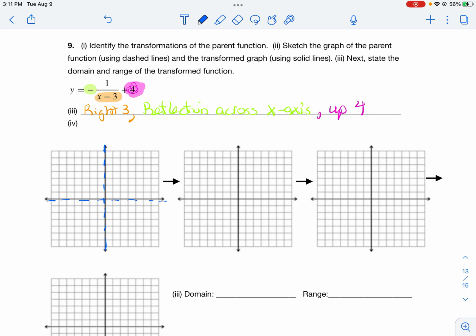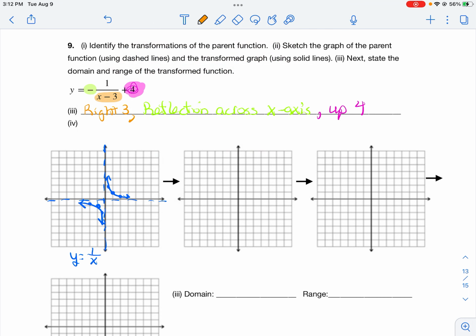From the intersection of asymptotes, we go over 1, up 1, then over 2, up a half, over a half, up 2 to get that first curve. And we do the same thing with the negative: back 1, down 1, back 2, down a half, back a half, down 2. And that gives us our curve of y equals 1 over x, our parent function.